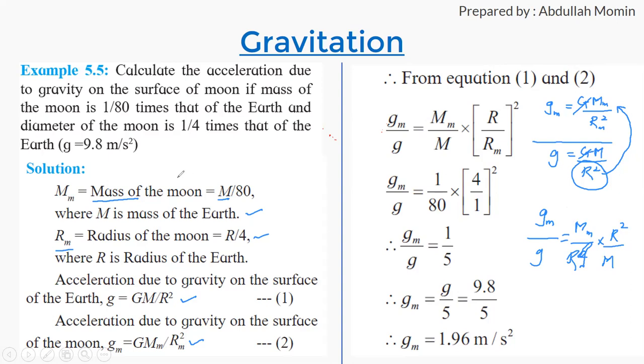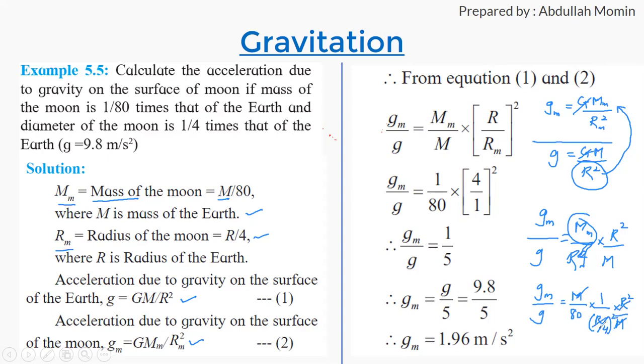Now what is Mm? Mm can be written as M by 80. So we can write gm upon g is equal to, instead of Mm we will write M upon 80, instead of Rm we will write R by 4, and this R² and M will be as it is. Now this 4 will be squared, and this M will be cancelled.